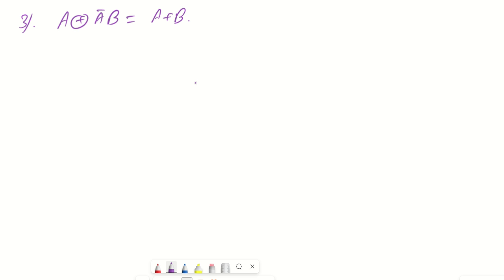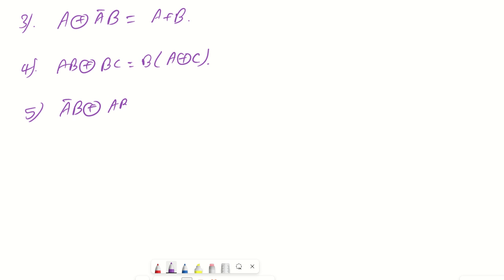Now the fourth one: AB XOR BC is going to give me B times A XOR C, so B can be taken common. And the fifth one: A bar B XOR AB bar.